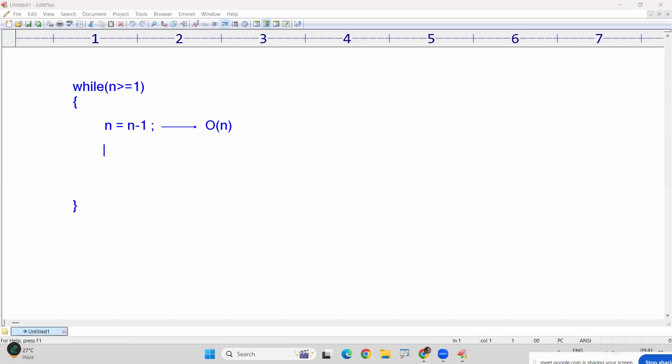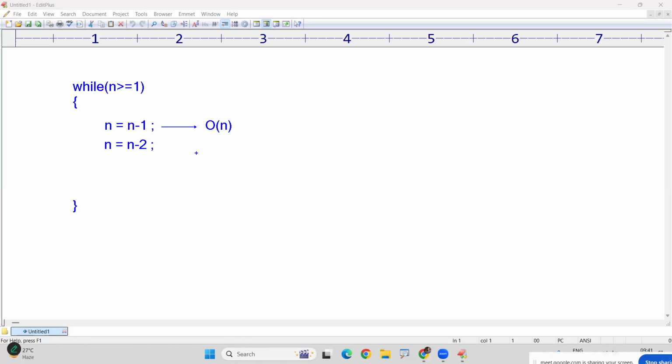Suppose I'm just writing n is equal to n minus 2, and suppose it starts with 10. 10 minus 2, 8. 8 minus 2, 6. 6 minus 2, 4. 4 minus 2, 2. 2 minus 2, 0.